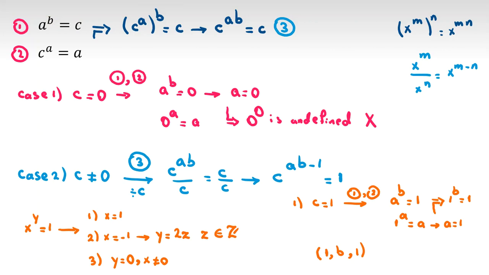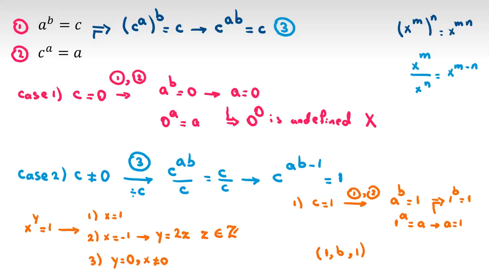Also, we can say y equal to 2z. The power should be an even number. Here the power is ab minus 1. So ab minus 1 also should be 2z, where z is an integer.